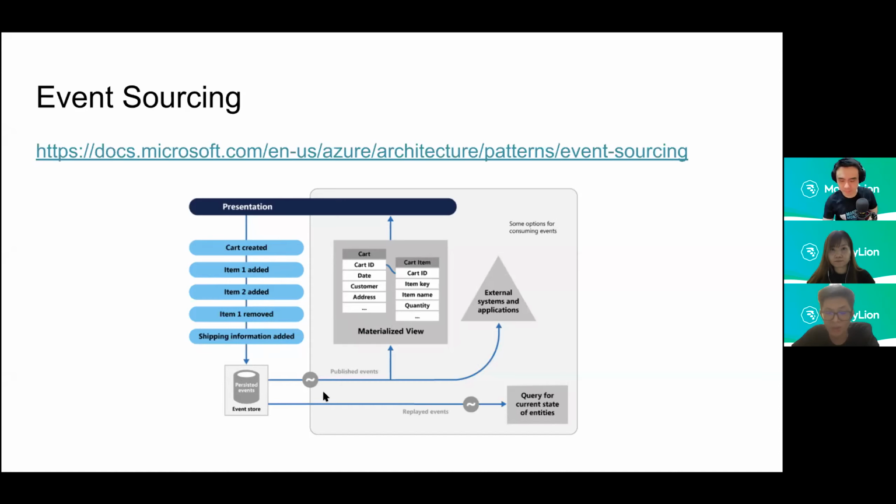This is also how event sourcing can be used in conjunction with event-driven architecture: you can even pipe the event store events to external streams so that they can be consumed by external systems and applications.